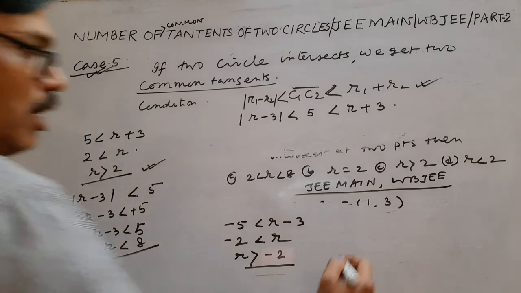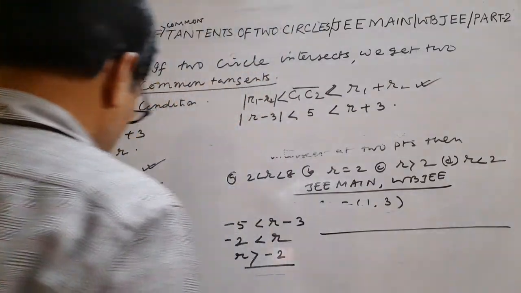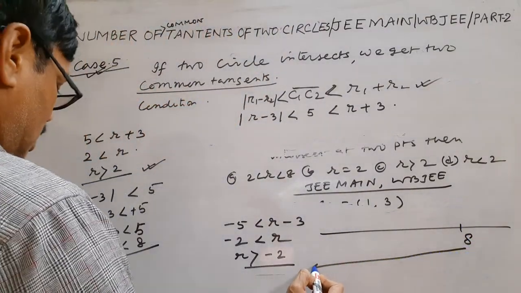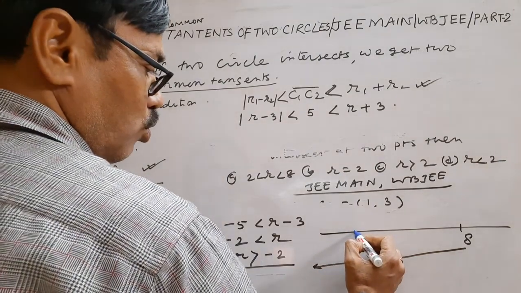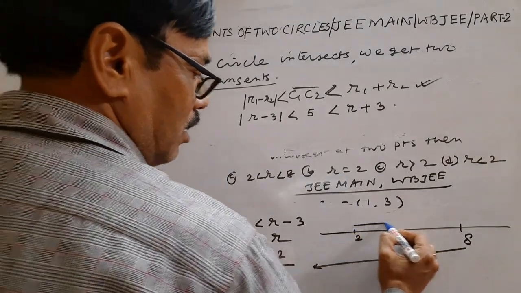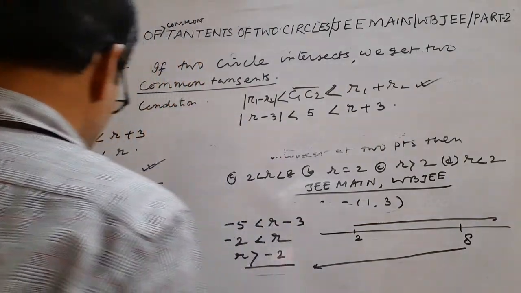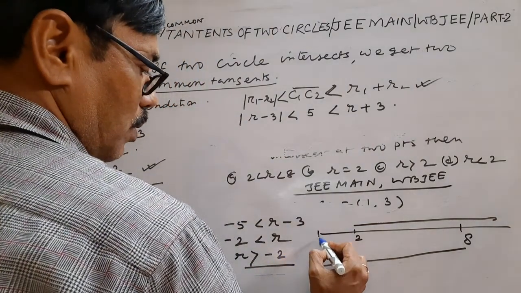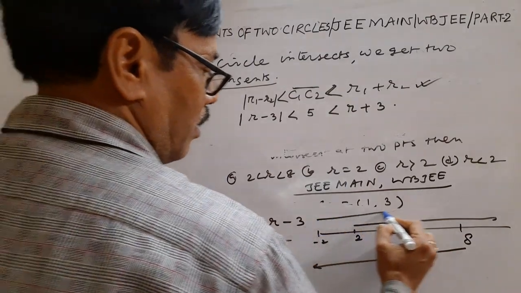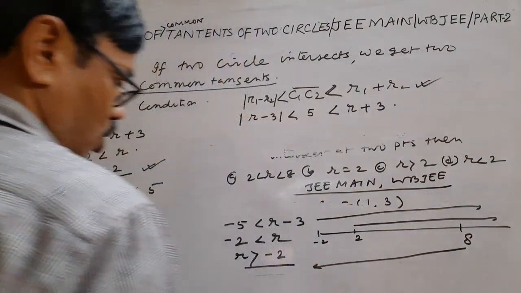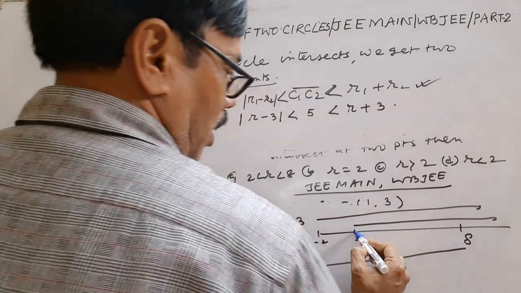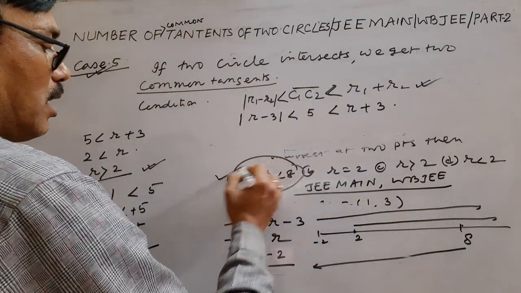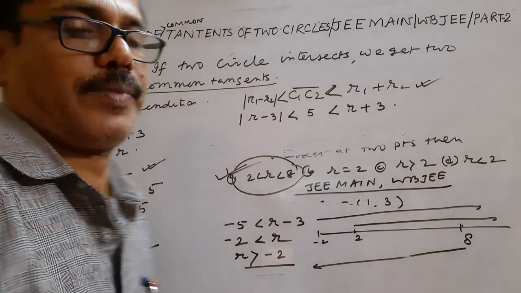So if we take this, r less than 8, r greater than 2, and r greater than minus 2. So, what is the common part? 2 to 8. So, option A is the correct option.